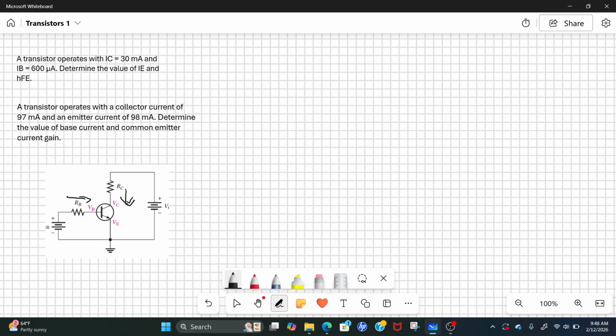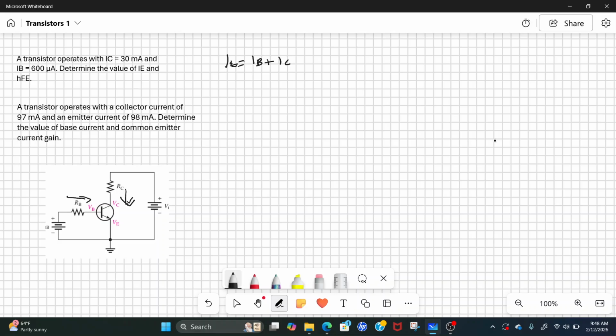So if we remember the formula that we saw, we know that IE is equal to IB plus IC.